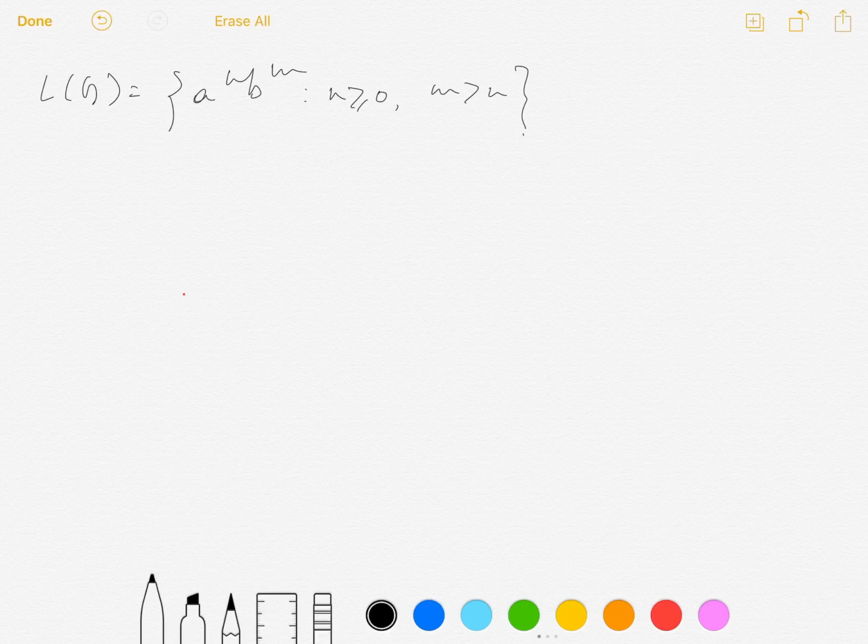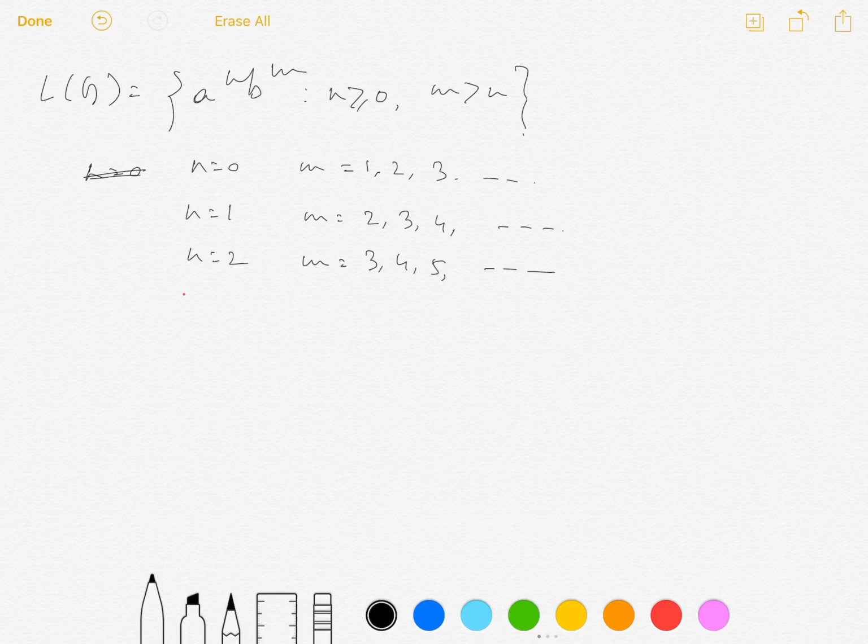So, the minimum value of n is 0. If I put n equal to 0, at least one b must be there. If the minimum value of n equal to 0, then m may be 1, 2, 3, anything. If n equal to 1, then m must be 2, 3, 4, anything. If n equal to 2, then m must be 3, 4, 5, any values.